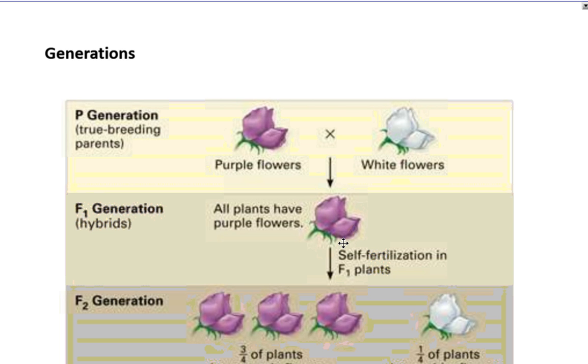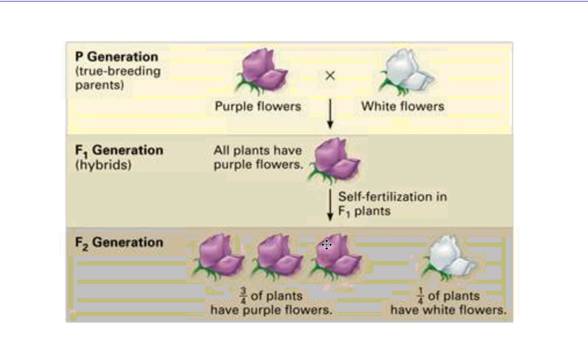Then he would take those F1s and allow them to self-fertilize, and they would create their offspring, which are the F2 generation. Now, we normally just refer to this P, F1, F2 when we're talking about plants. We don't usually talk about humans this way. We use things like pedigrees or family trees to talk about human traits, because humans aren't self-fertilizing organisms, and so the F1s can't self-fertilize to make the F2s, but you get the idea. This is terminology that Mendel would use and that we will be using in class.